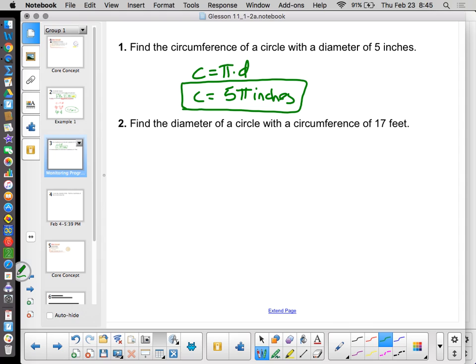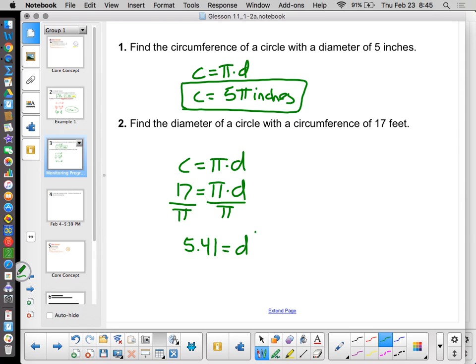Find the diameter of a circle with circumference of 17 feet. Okay? Again, circumference equals pi times diameter. We got 17 equals pi times diameter. We're going to divide by pi, but having a pi in the denominator is not neat or clean, so we go ahead and decimally approximate. 17 divided by 3.14 is 5.41 equals the diameter.